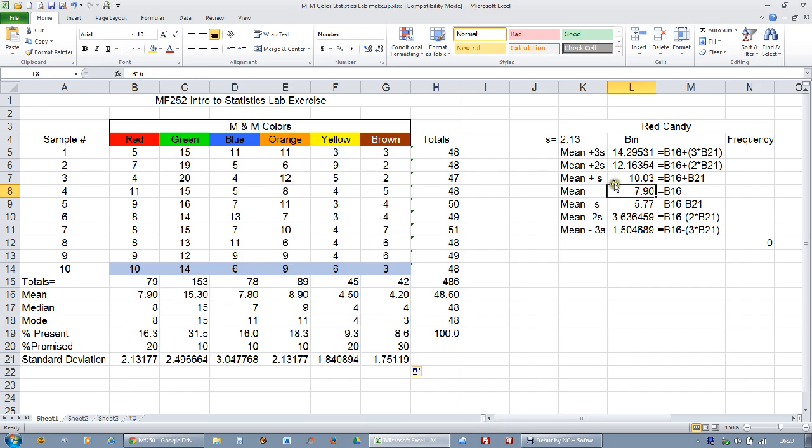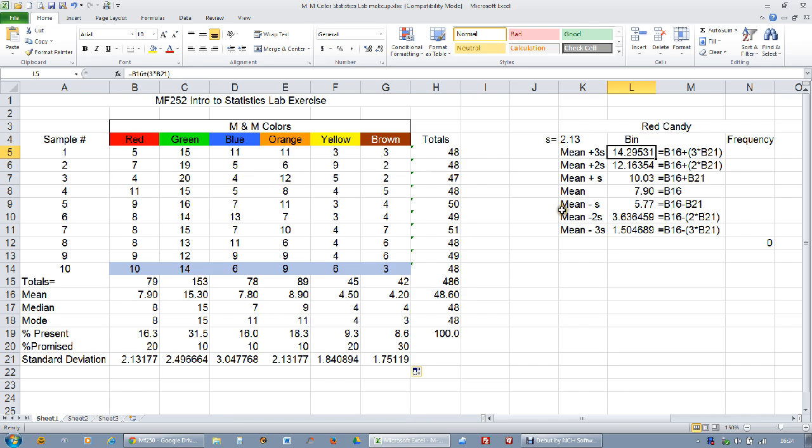As we work our way up, it's mean plus 1 standard deviation. Well, B16 plus B21, and then we're going to do mean plus 2 times the standard deviation, or B16 plus 2 times the standard deviation, and then mean plus 3 times the standard deviation.